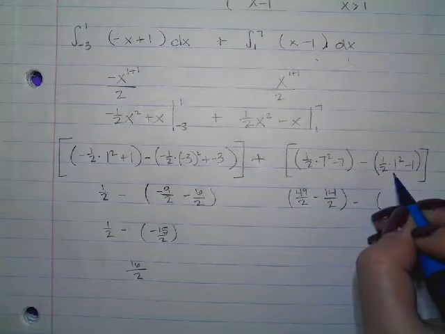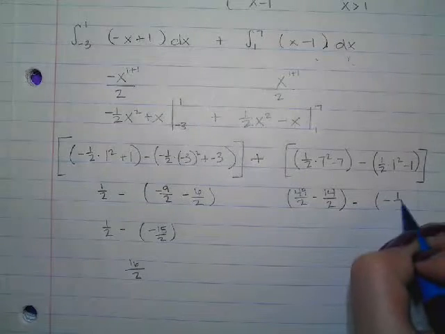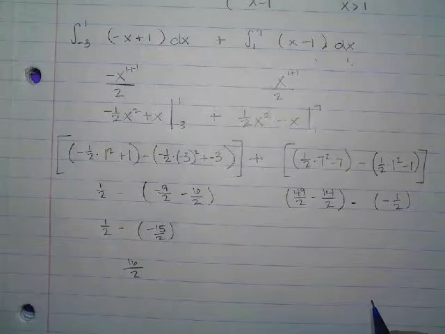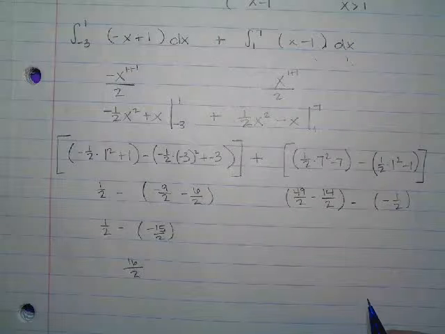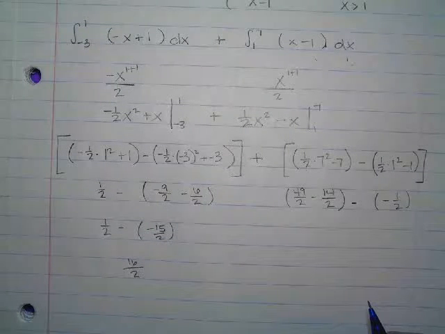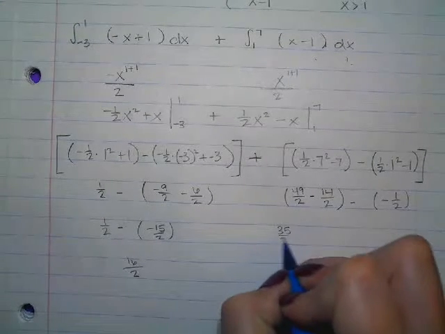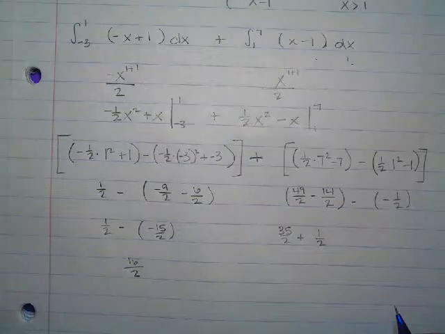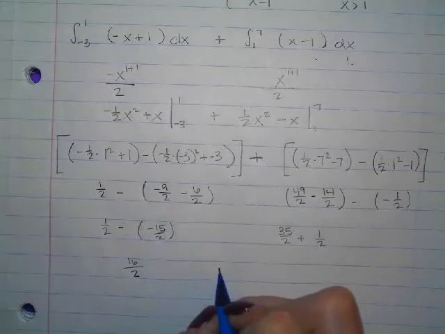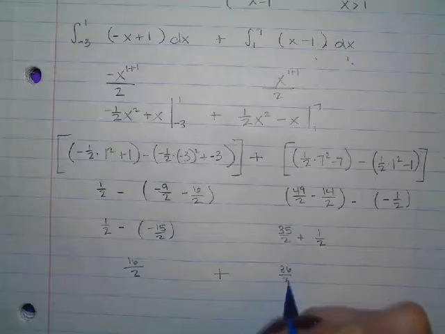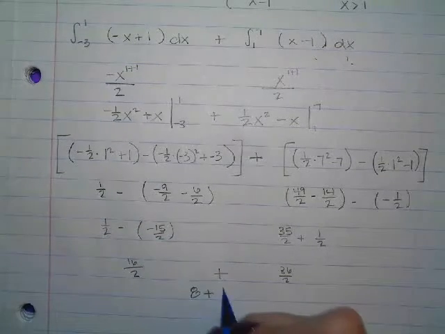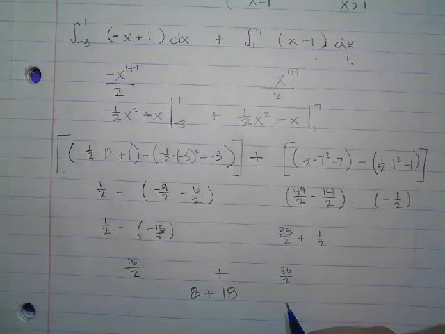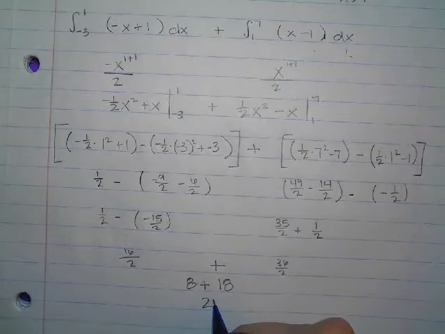Okay, and then we've got 1/2 minus 1, so negative 1/2 there. 49 minus 14 is 35 halves. 35 halves minus, nope, plus 1/2 is 36 halves. So this plus 36 halves is 8 plus 18, which is 26.